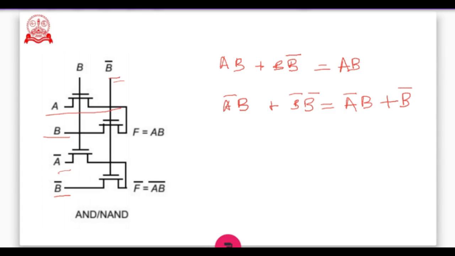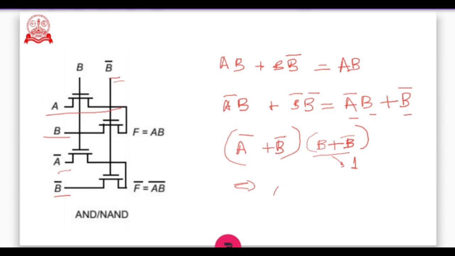This we can write as A bar plus B bar into B plus B bar. So B plus B bar becomes 1. So we get A bar plus B bar, and that is equivalent to A B whole bar.